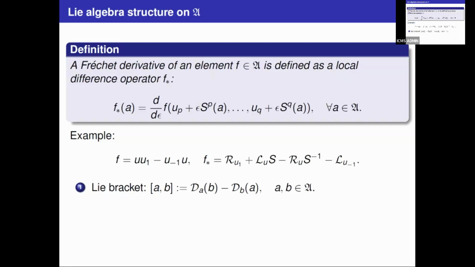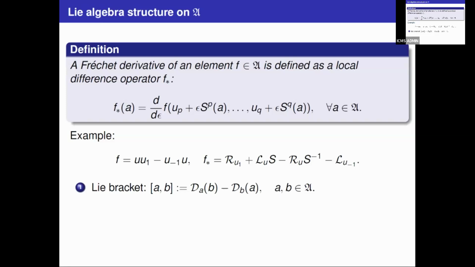We linearize by replacing each u_p by u_p plus epsilon s_p acting on A, and then setting epsilon equal to 0 and keeping terms only up to order epsilon. It is the derivative in direction a.